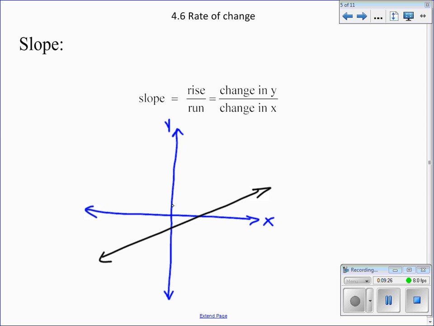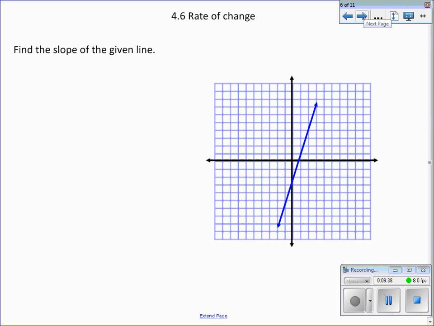So if we're comparing up, then that's going to be our y's, because we're going along our y-axis. If we're comparing how much are we going left or right or over, that would be our x's, because it's going along our x-axis.